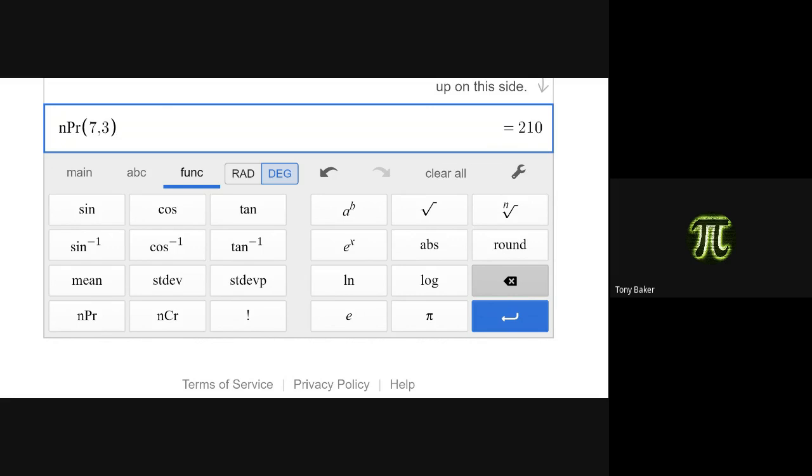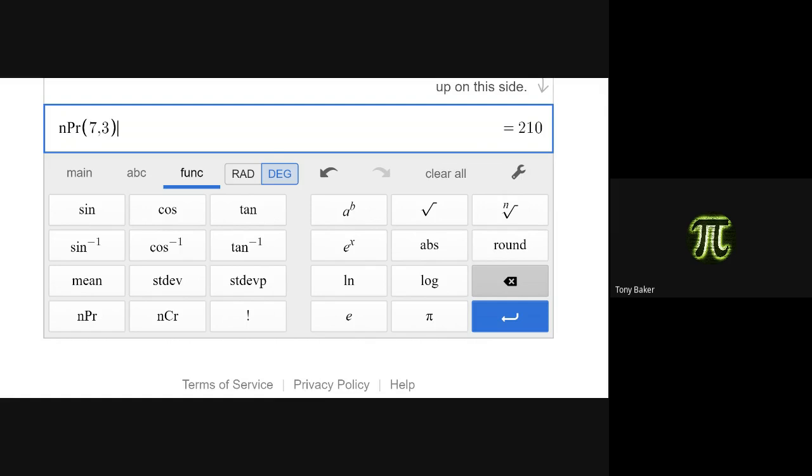I can't say 3 choose 7, because I don't have 7 to choose from. If you type it in backwards, it's literally just going to give you 0, which wouldn't make any sense, because you can't pick 7 from 3. That's why it's 0. So it's always the bigger number first.